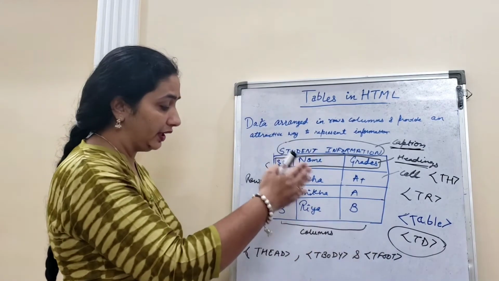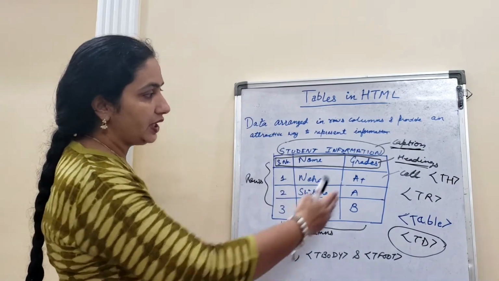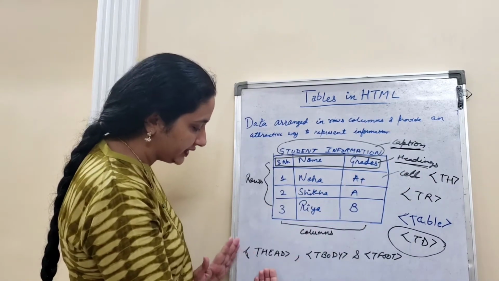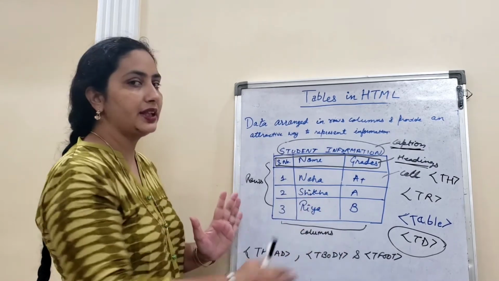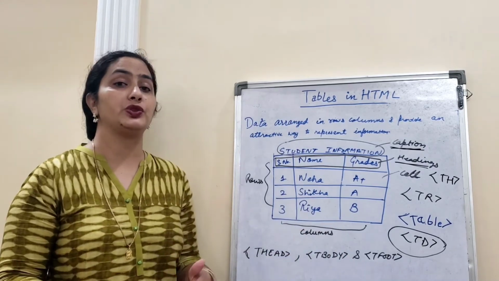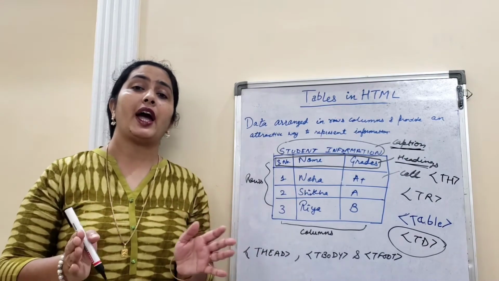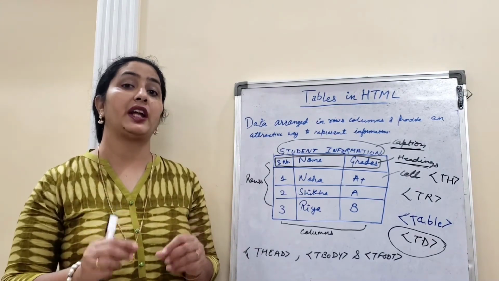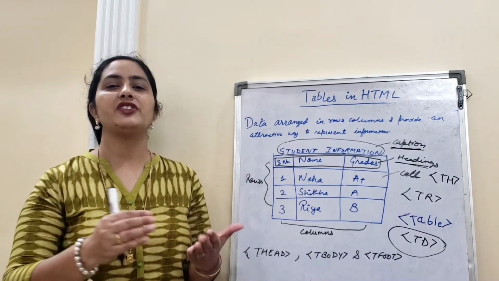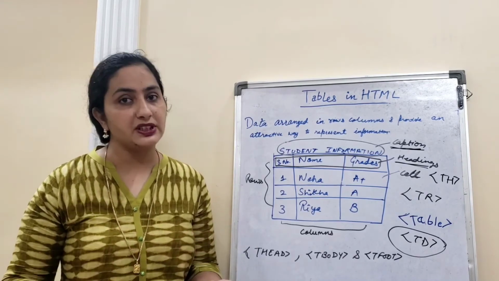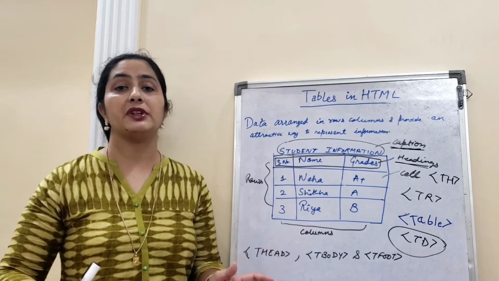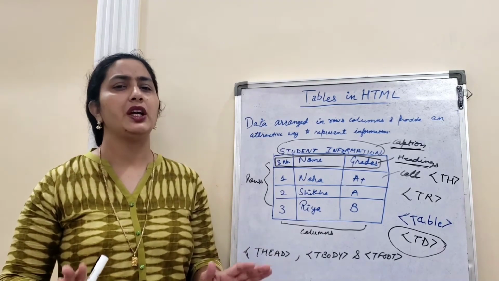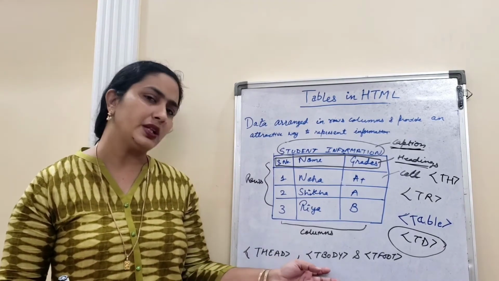Okay. Now, TH we already have, then here you can see I have written some of the tags: thead, tbody, tfoot. These are the additional tags which you can use. Students, along with the table tag, you can simply use the table tag within the body tag. But if you are creating tables in HTML and you know that there are only going to be tables in your web page, at that time instead of the body tag you can write the tbody tag.